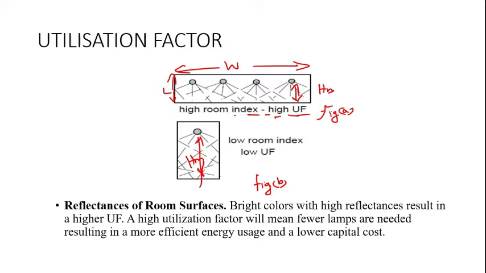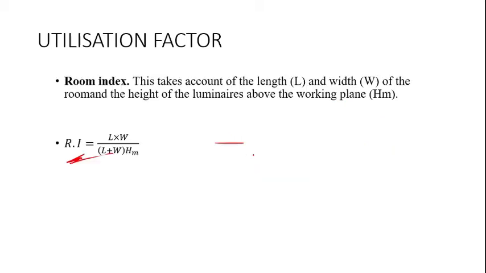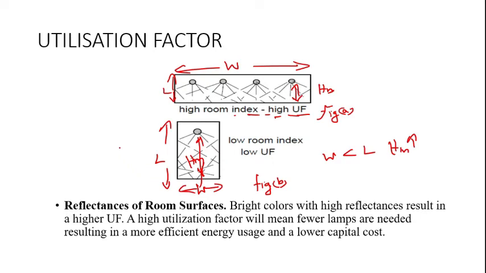In the other case, the room index is low. That means if you compare the length and width of the room, the width is much less than the length, and the mounting height is very high compared to the first case. So the room index will be small as given by this equation, and you can use only a few luminaires at a maximum mounting height.